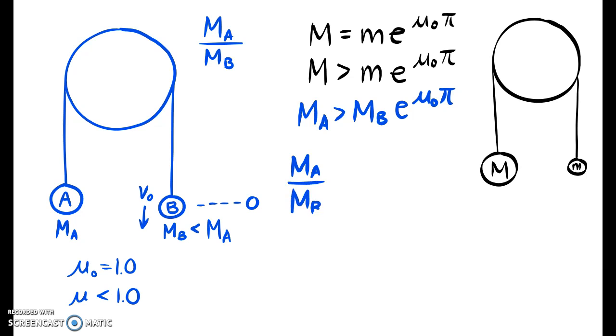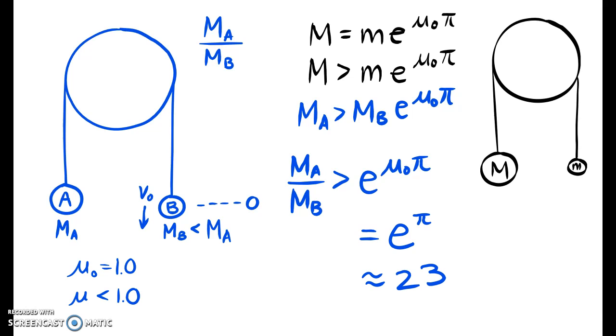So we have ma over mb is larger than e to the mu0 pi. In our case, mu0 is 1.0, so e to the mu0 pi is simply equal to e to the pi, and that is approximately equal to 23. So we find that the minimum value of ma over mb, in order for B to turn back and start moving upwards again once we give it an initial velocity, is approximately 23, namely e to the pi.